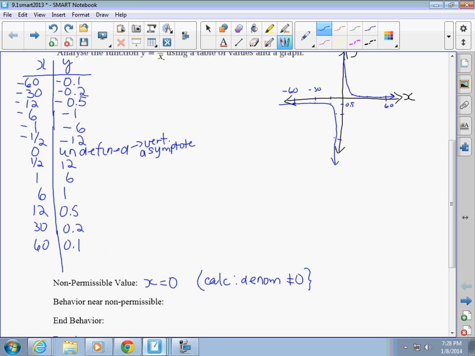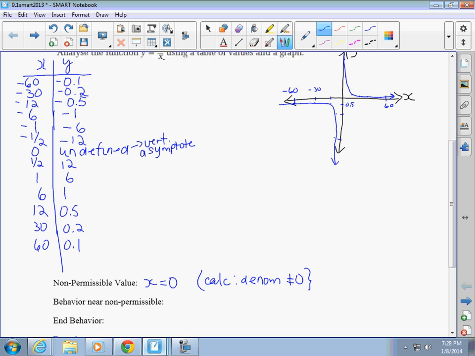If I looked at my equation, y is equal to 6 over x, x is in my denominator, I'd put x not equal to 0, so that's where my non-permissible value is. Behavior near that non-permissible value. So my non-permissible value is x is not equal to 0.